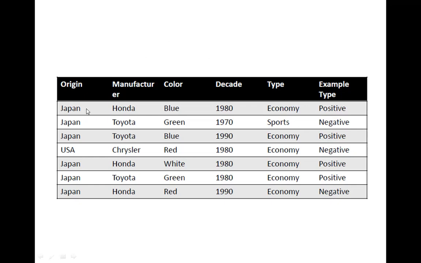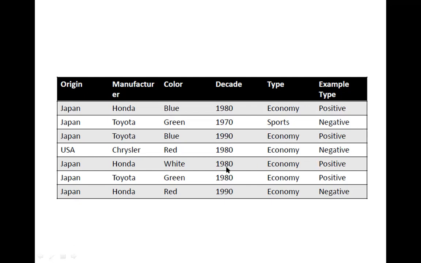The first positive example is Japan, Honda, Blue, 1980, economy, so that is our first hypothesis. Next, Japan, Toyota, so the manufacturer changes to question mark. Blue remains, 1980 and 1990 becomes question mark, and economy remains the same.